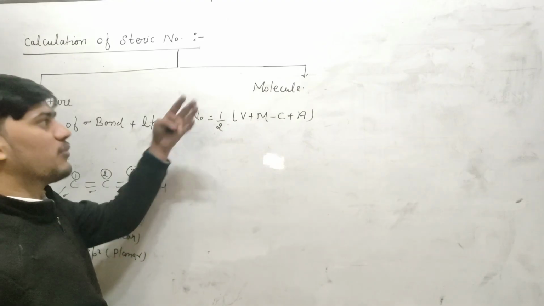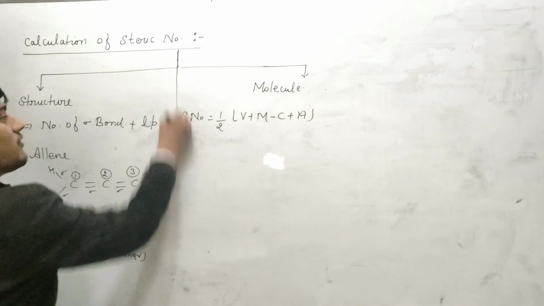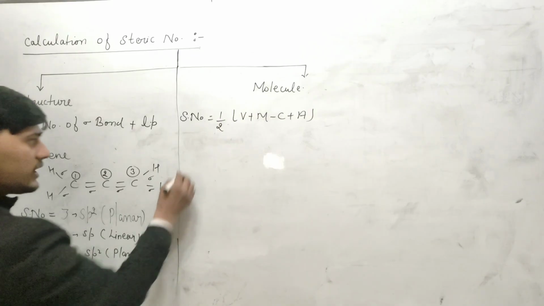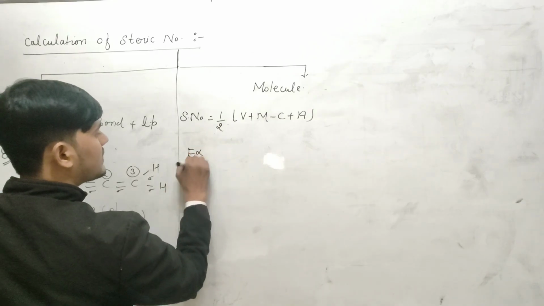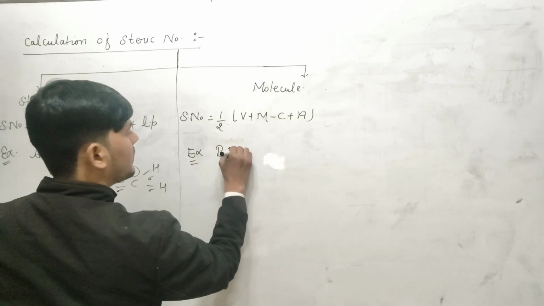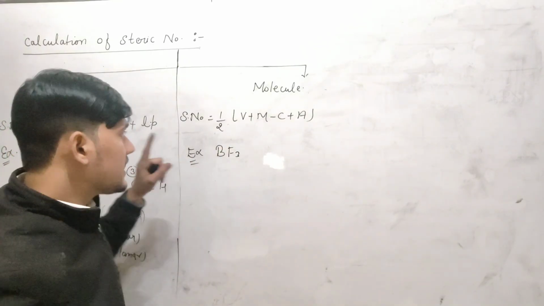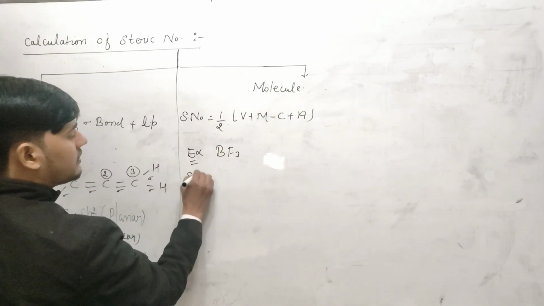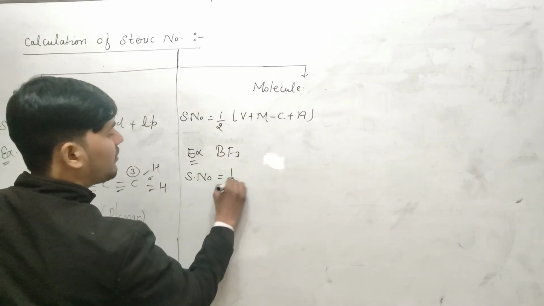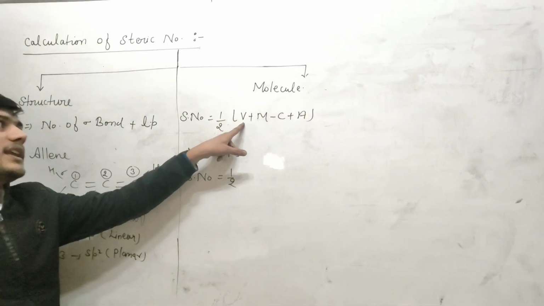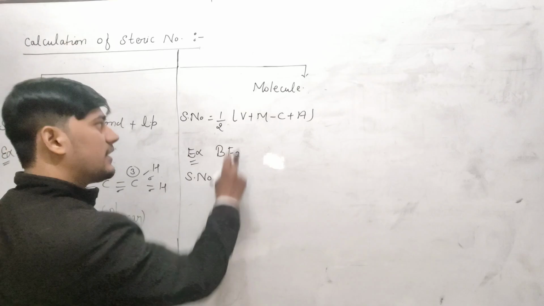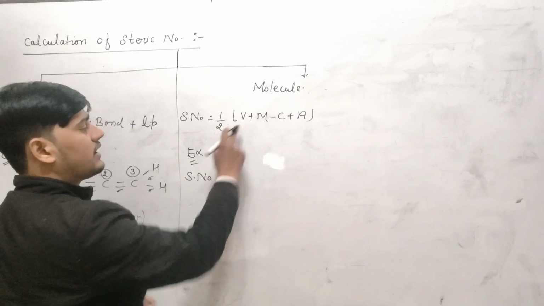If a molecule is given, how can we calculate? For example, BF3. In case of BF3, the steric number can be calculated as 1 by 2 of V, the number of valence electrons on the central atom, plus the number of monovalent atoms.